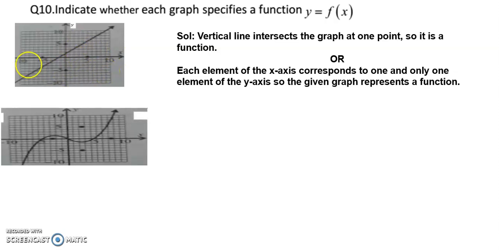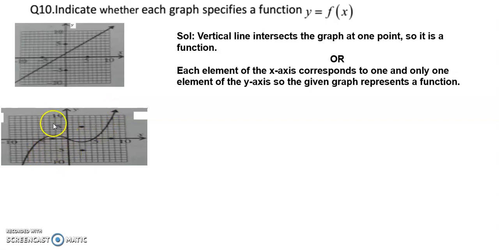Let's take another part. Part B: we are given this graph. Now you have to check whether this graph represents a function or not. If you pass a vertical line here, here, or anywhere on this Cartesian plane, that vertical line will intersect this graph at only one point.